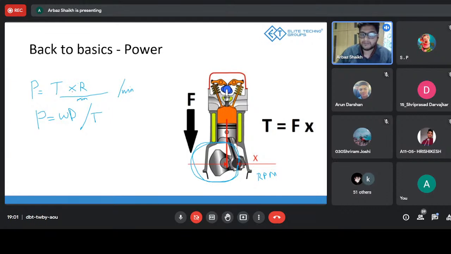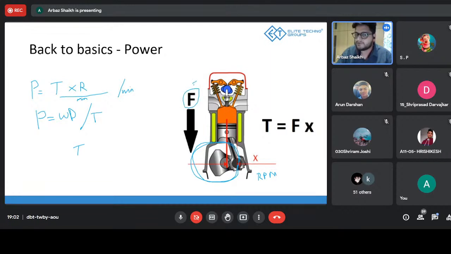Now, when we multiply this by the torque, we get the power. What this means for an engine, if the engine RPM... the torque is going to change according to the force that is applied, correct? This force can vary, correct?